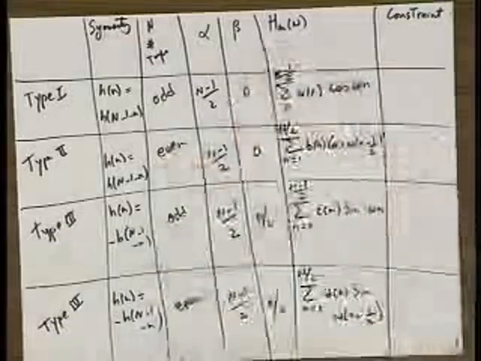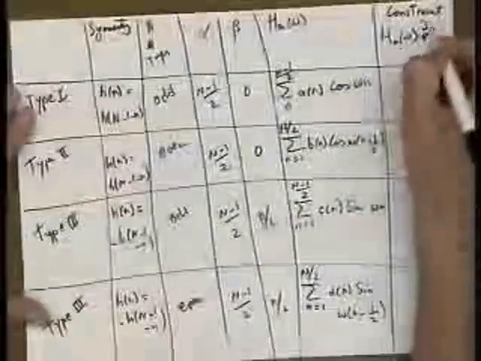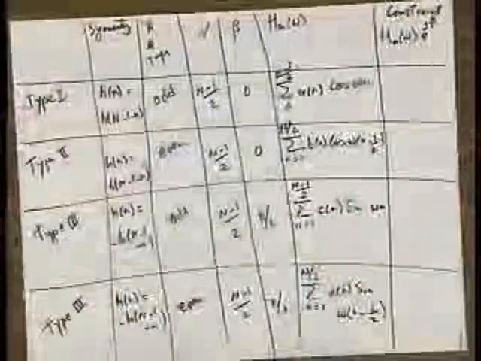So looking at these, why did I write these H sub m of omegas? Because I wanted to see what kind of constraints they satisfy. The constraint that I'm talking about is H sub m of omega times e to the j beta. What is this quantity?